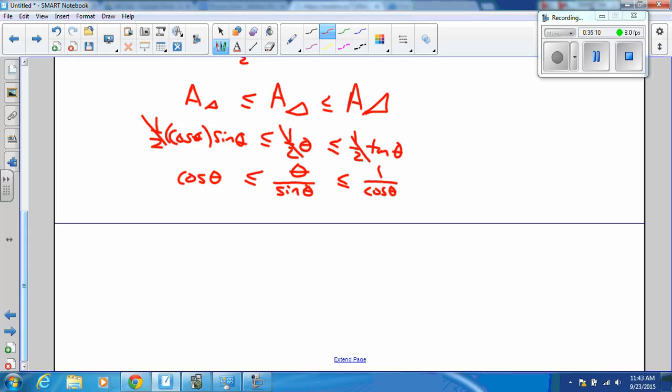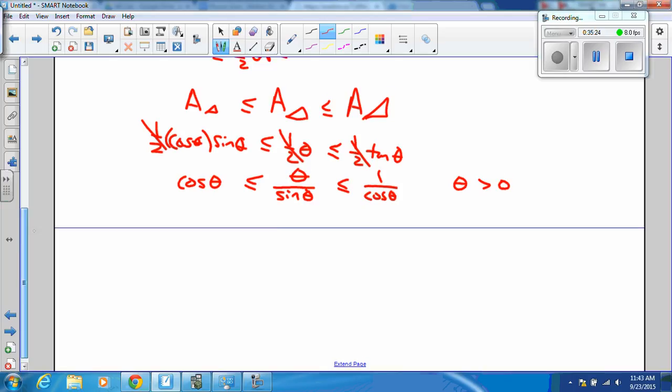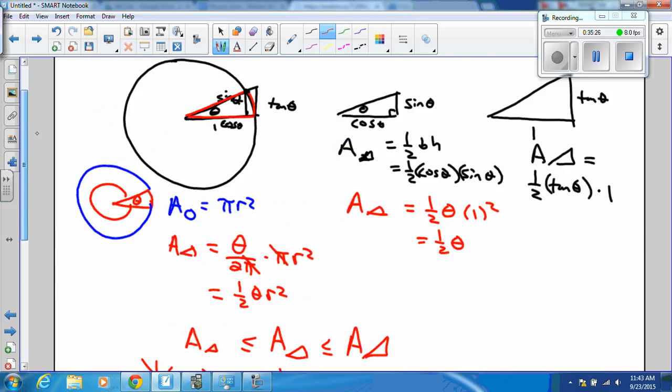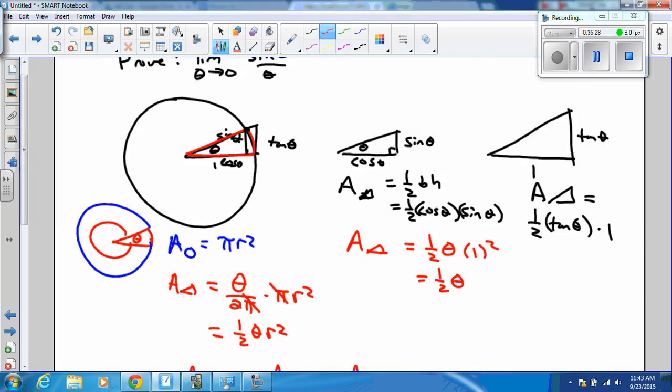First and second. The first and second quadrants. So actually, this inequality we've got right here is only valid for thetas that are greater than 0. I'll have to fix that in just a minute and consider thetas less than 0. In other words, right now I'm only considering what happens in quadrant 1. I'm going to have to come back and consider quadrant 4 in just a minute, because theta could approach 0 from here. From one.